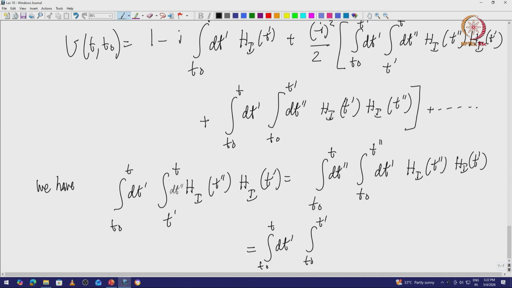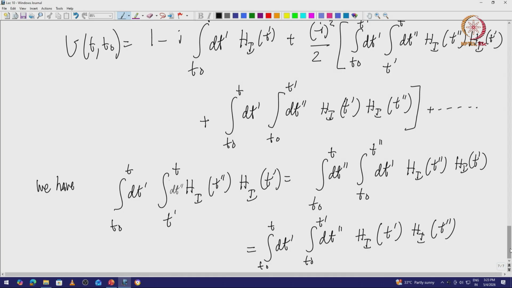So the term we got in the last essentially is integral T0 to T, T0 to T', H_I(t'') H_I(t'), and that is equivalent to, you can express this again just by relabeling variables, integral T0 to T, T'' and then T0 to T. Okay.